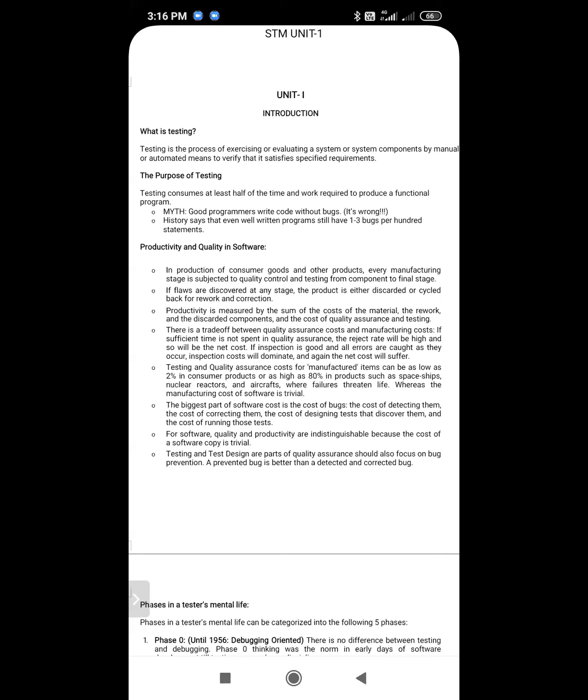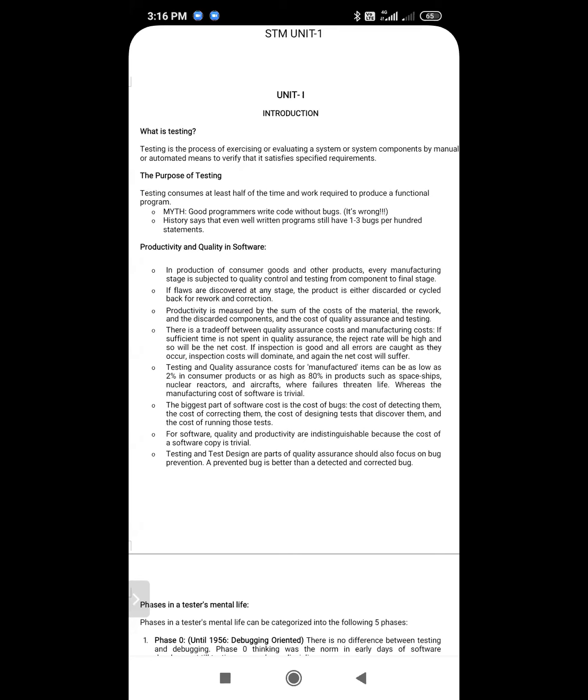Quality means either good quality or bad quality. If the software does not have any errors and is working properly, then it is called a quality product. Here, how productivity and quality are to be measured while testing is explained under this topic.